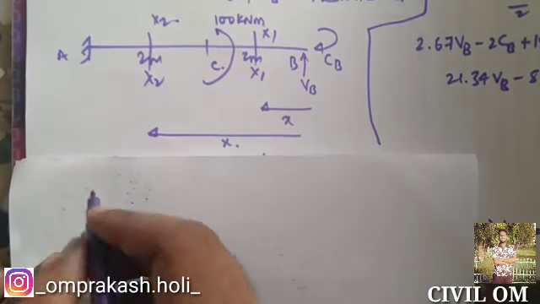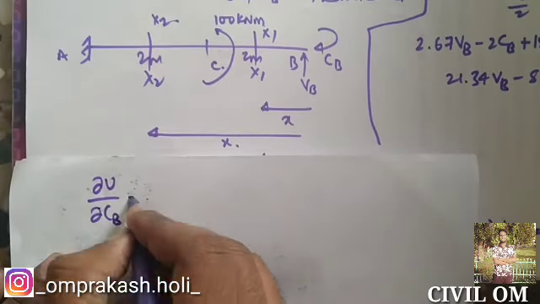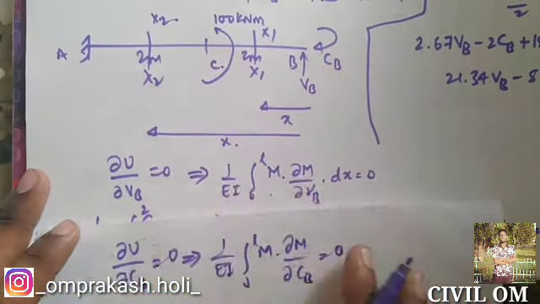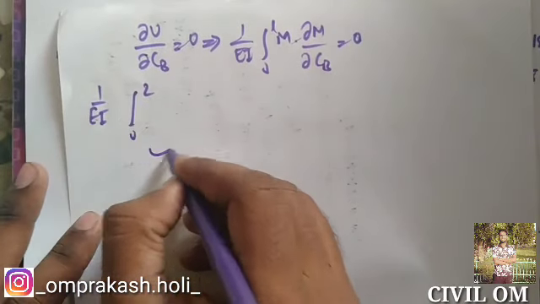On considering the same diagram, we will differentiate with respect to CB. ∂U/∂CB is equal to 0, which implies 1 over EI integration over the limits 0 to L of M into ∂M/∂CB is equal to 0. So let's solve this. What are we going to get? 1 over EI, and this portion we will consider BC, considering B as the origin, over the limit 0 to 2.